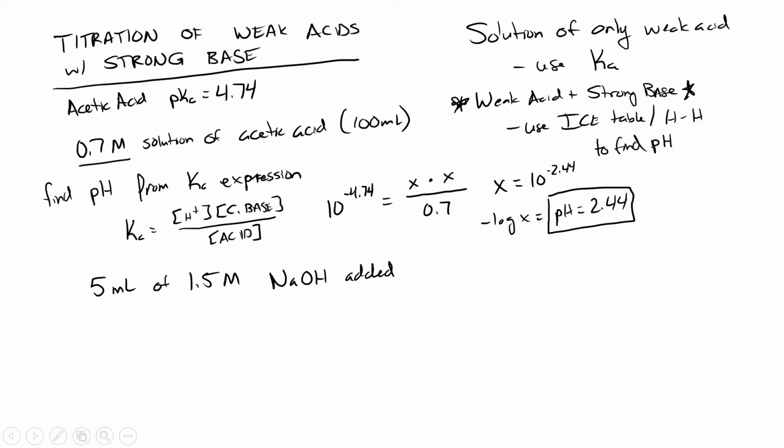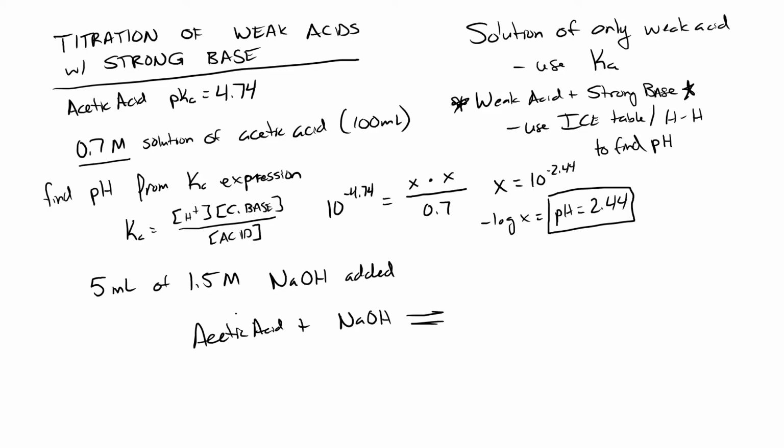Okay, so let's go through that because I think this is a situation that probably needs some explanation. Okay, so first of all, what's happening? We have a weak acid. I guess it's acetic acid, so I can put acetic acid. We have acetic acid plus sodium hydroxide.